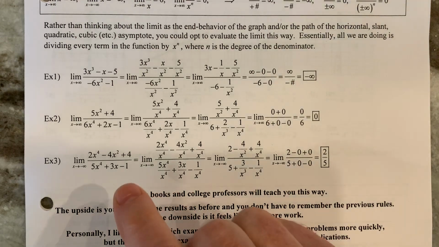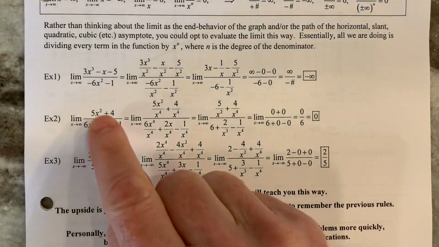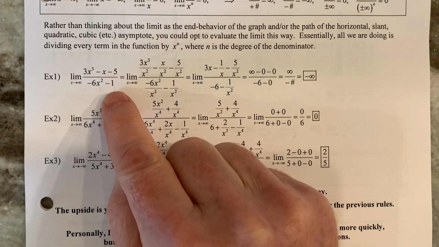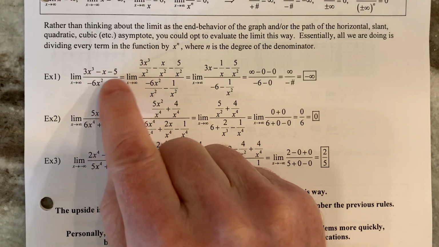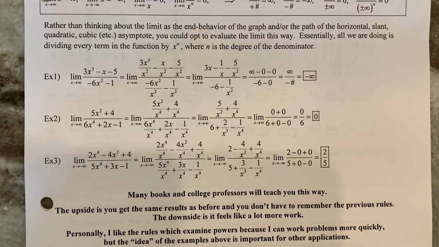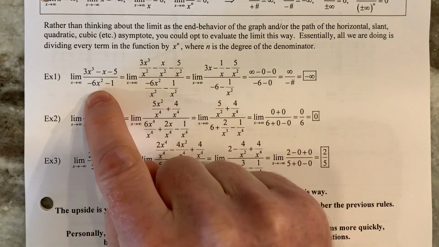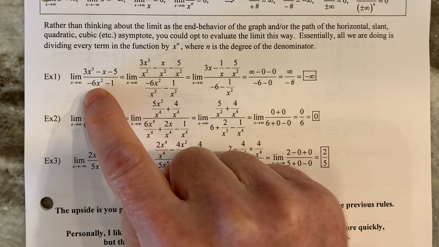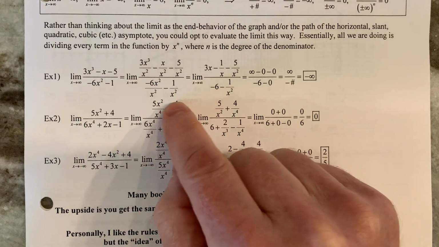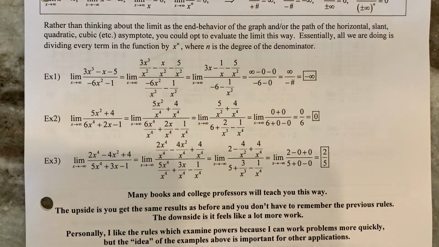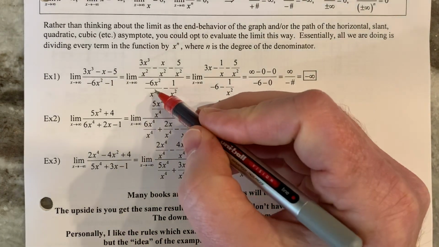All right, so what I'm going to do, and I'm going to do this on all three of these, is ignore the numerator and look at the denominator. Highest power in the denominator, I'm going to divide every term by that value. So notice here, highest power in the denominator was x squared. I'm dividing that, and that by an x squared. And you can see me do this. And then what I'm going to do is go through there and cancel every x that cancels.